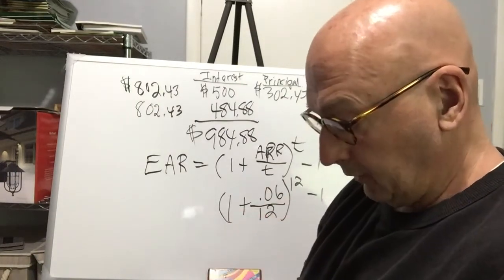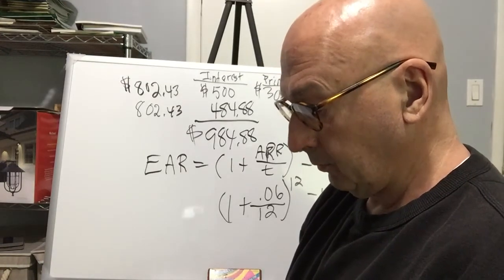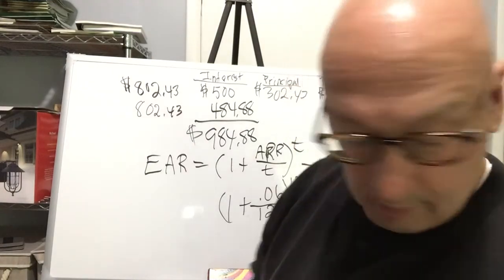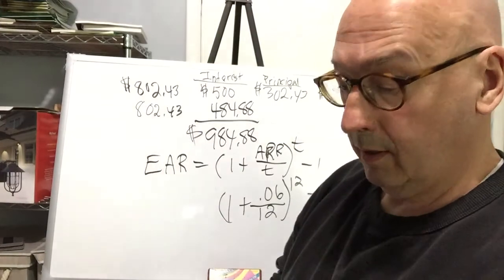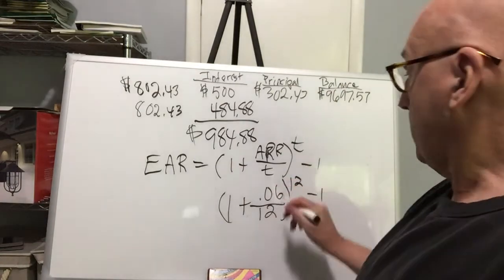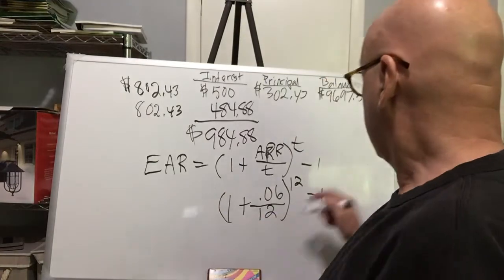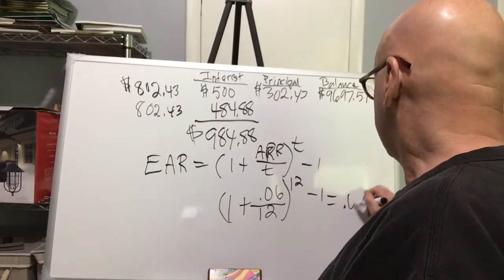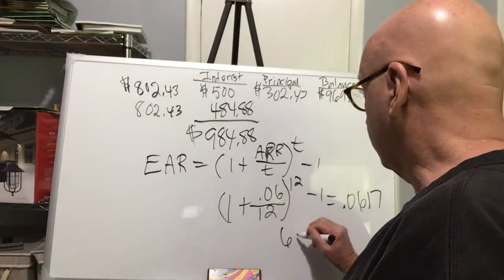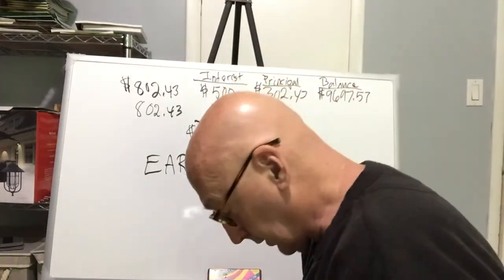If I solve this, I'm going to take 0.06 divided by 12, to the 12th power, less 1, and that's going to give me 0.0617, or 6.17%, which is the effective annual rate that the bank is charging me.